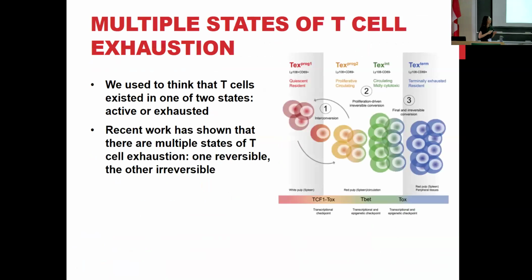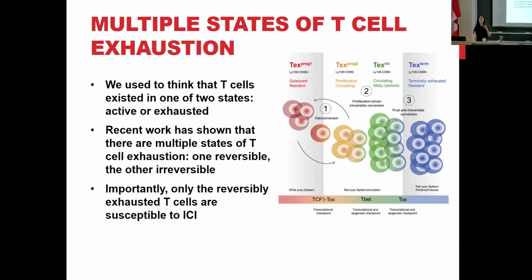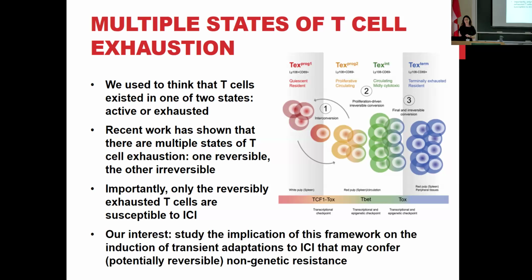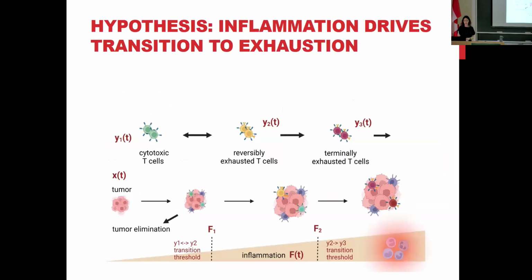But we now understand that actually T cells can exist in multiple states of exhaustion, one of which is reversible and the other which is irreversible. And very importantly, it's only the reversibly exhausted T cells that are targetable by immune checkpoint inhibitors. So our interest is really in studying the implications of this framework for response to immune checkpoint inhibition.